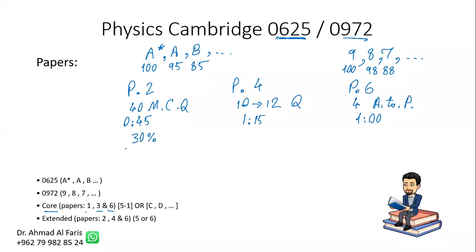So whatever you get, for example, 40 out of 40, they multiply it by 1.5 to be out of 60 marks. This paper is 50% of your mark, and the exam is out of 80 marks. They multiply it by 1.25 to be out of 100 marks.